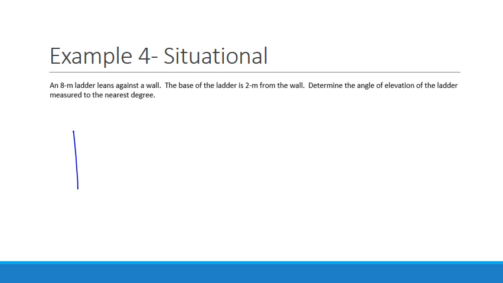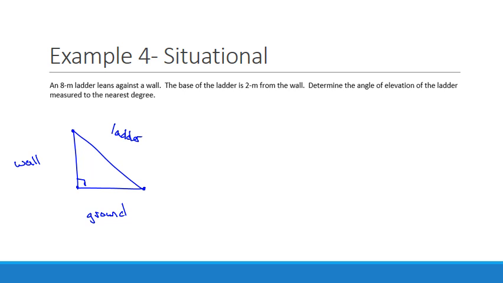So again, here's just my general right triangle. You could draw it in a different way if you want, with a different orientation, spin it around or whatever you want to do. Anyway, I think we should get our bearings here. This here will be our ladder. Then this here would be our wall, and this would be the ground.